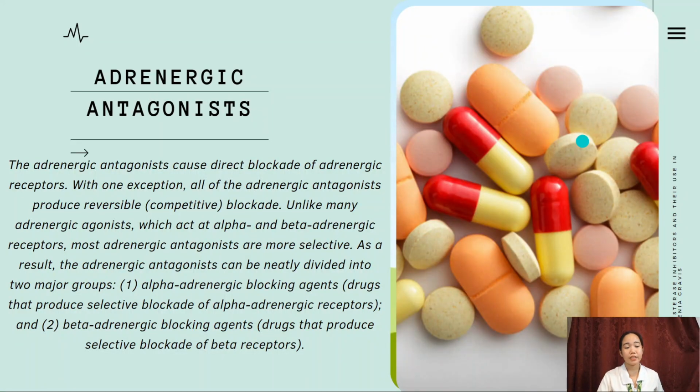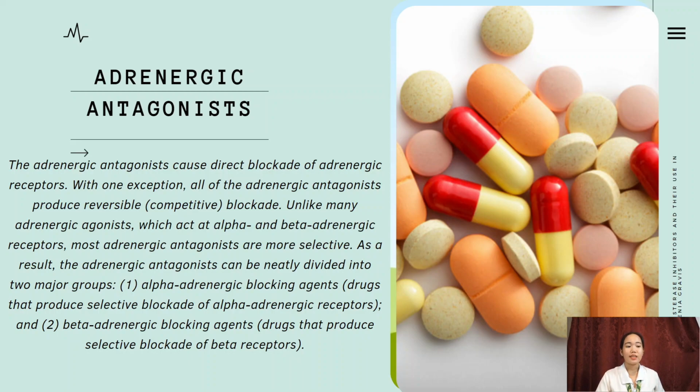Next, we have the adrenergic antagonist. Adrenergic antagonists cause direct blockade of adrenergic receptors. With one exception, all of the adrenergic antagonists produce reversible or competitive blockade. Unlike many adrenergic agonists, which act at alpha and beta adrenergic receptors, most adrenergic antagonists are more selective.